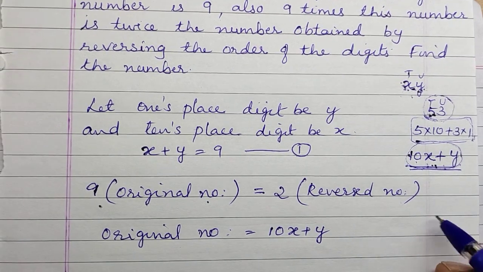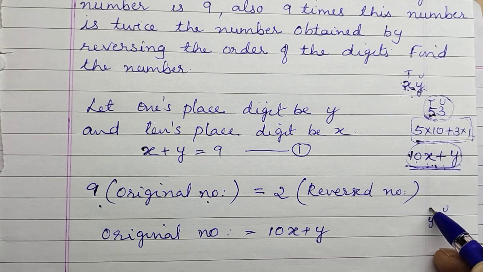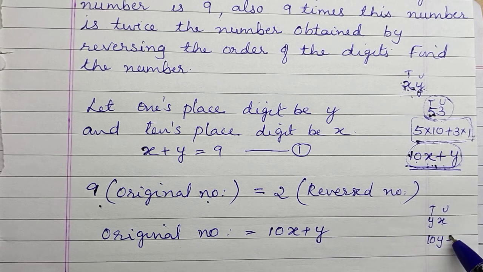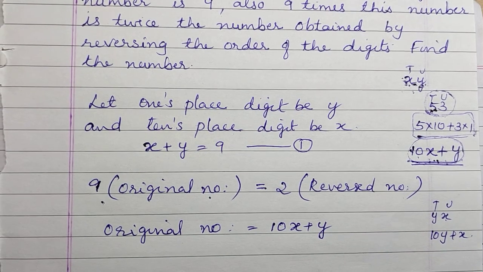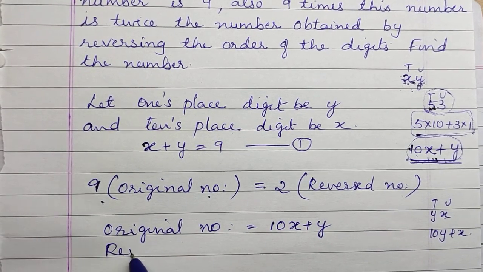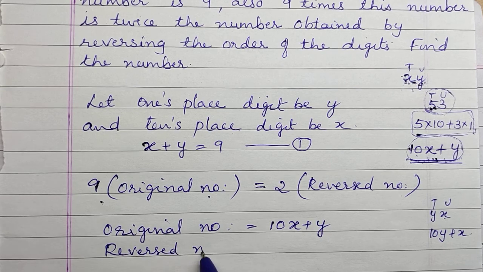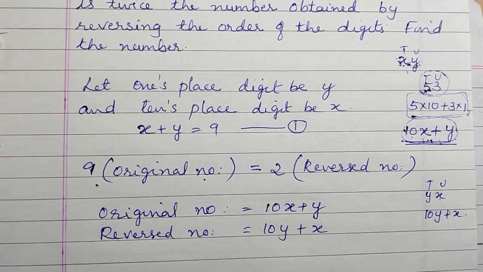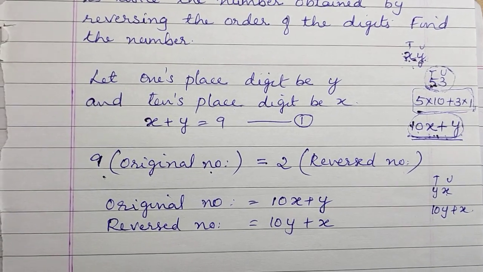If the number is reversed, when yx comes, the units place is x and the tens place is y. So reverse it: you should write 10y plus x as the reversed number. So always write the expanded form in this type of question.